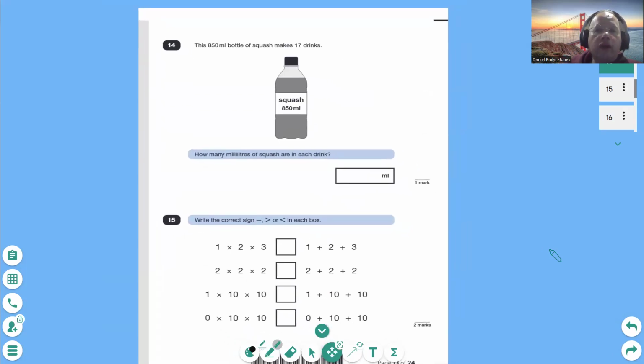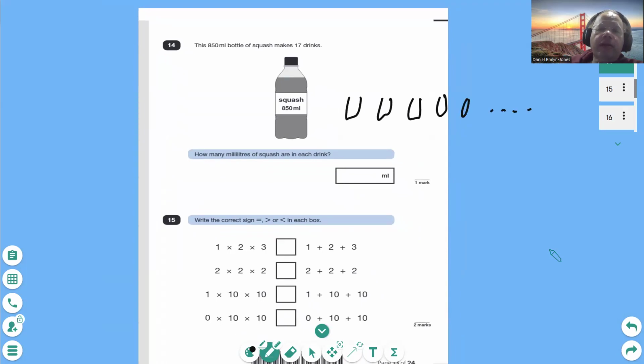Squash. This 850ml bottle of squash makes 17 drinks. How many milliliters of squash are in each drink? Well, I think it's always good to imagine. So you've got 850 and you've got to make 17 drinks. Just imagine 17 cups.